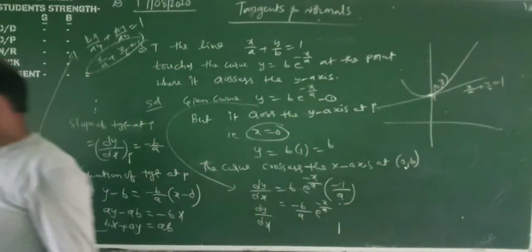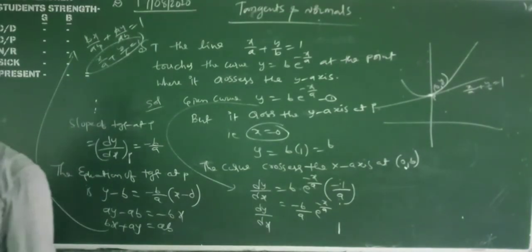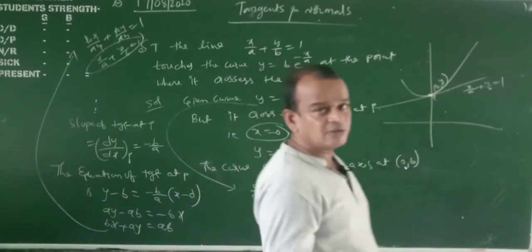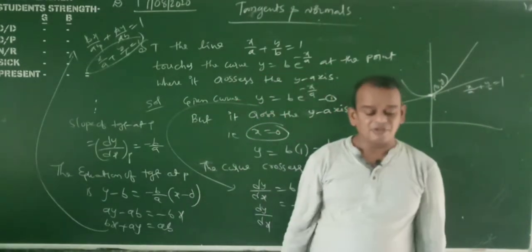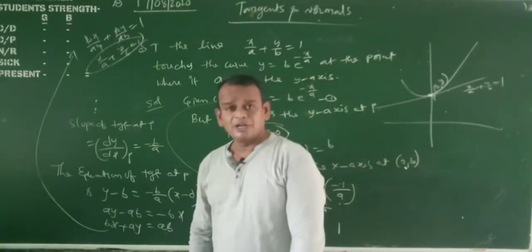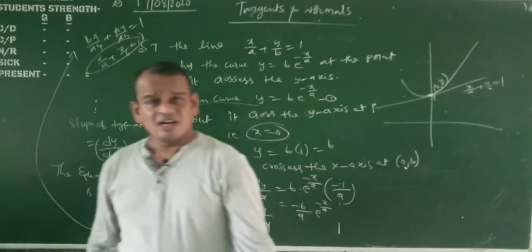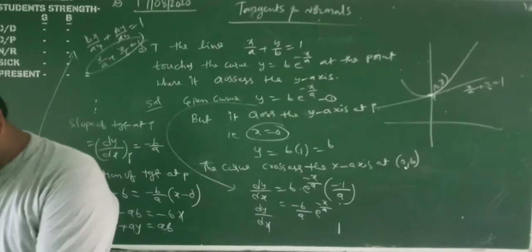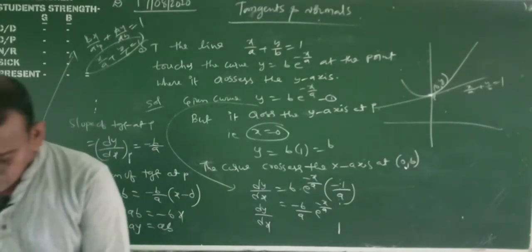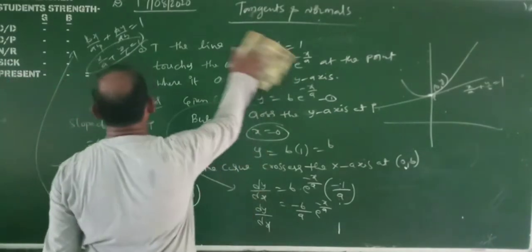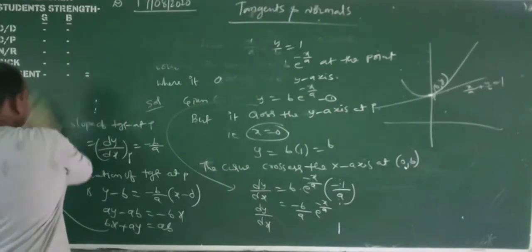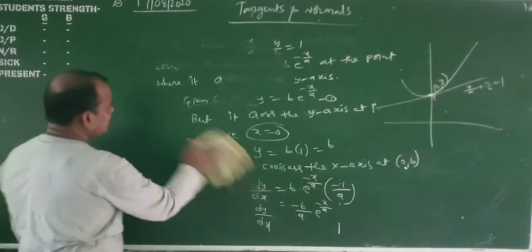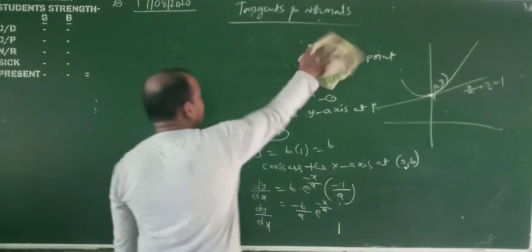Already yesterday I told you that whenever the curve meets the x-axis, y is equal to 0. Substitute y = 0 in the given curve and we can find the point. At that point we can find the tangent or normal. Okay, my dear students, now we will go to the next problem. In this way we will complete the remaining problems.